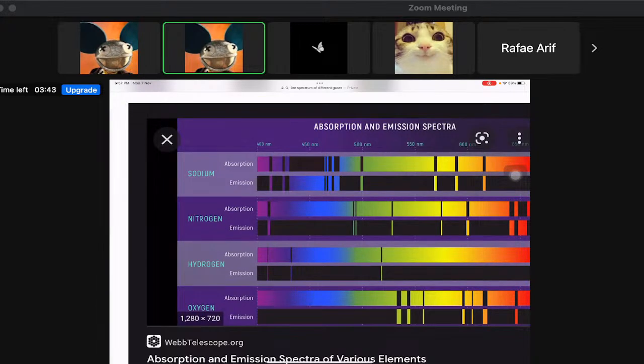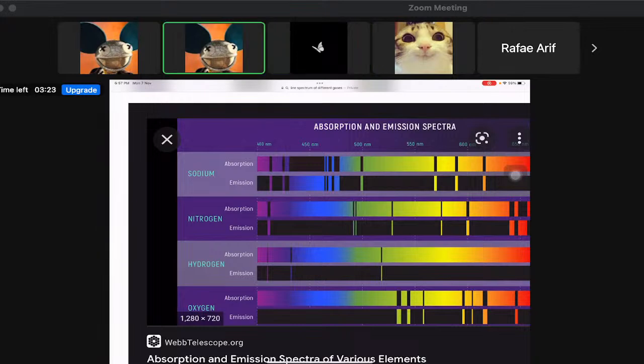Everything else is black, only those photons are being emitted which are emitted by the electrons when they're moving down from the energy level. Do you understand? Yes, sir. Yes, so you do remember that.